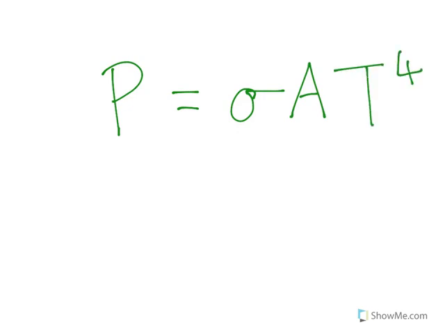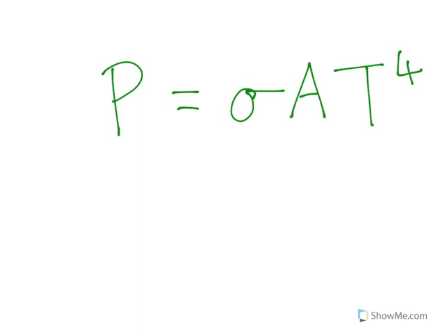So let's take another example, shall we? We'll go with Stefan's law, which is the amount of power emitted by a black body, and that is given by P, the power, is equal to sigma, which is just Stefan's constant, A, which is the surface area of the black body, multiplied by T to the power of 4, where T is the black body's temperature.